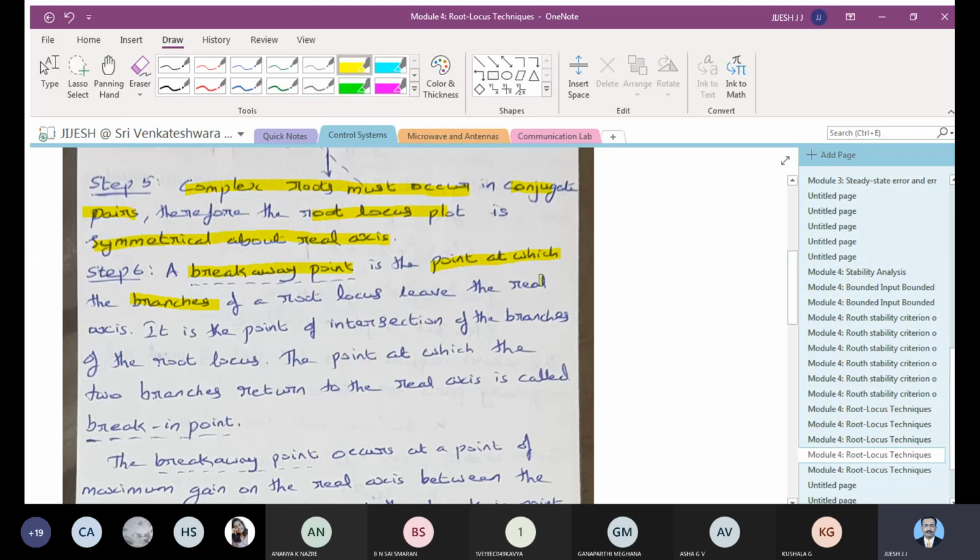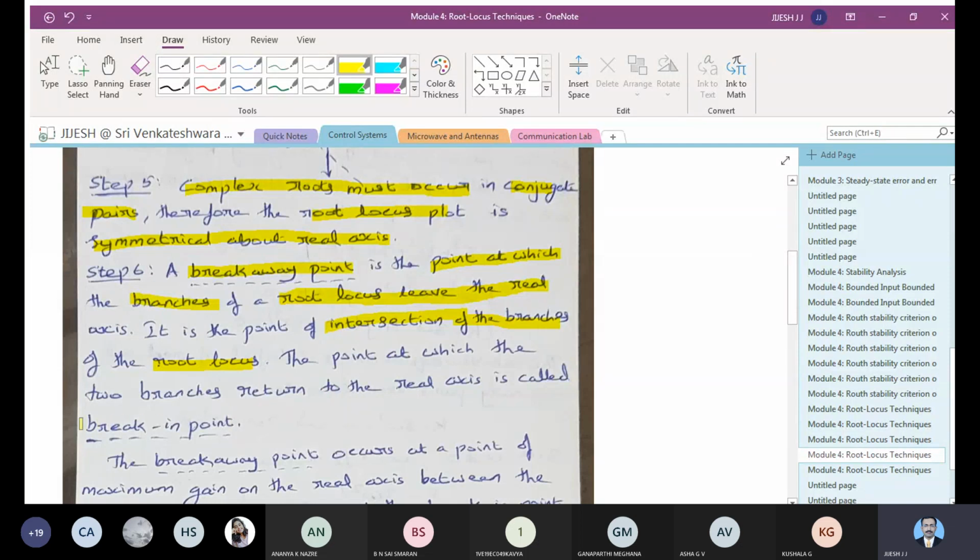When we are solving the problems, you will see that we will be finding the breakaway point, and you will see that the branches are leaving the real axis. So the breakaway point is the point at which the branches of the root locus leave the real axis, and it is the point of intersection of branches of the root locus. The point at which the two branches return to the real axis is called the break-in point.